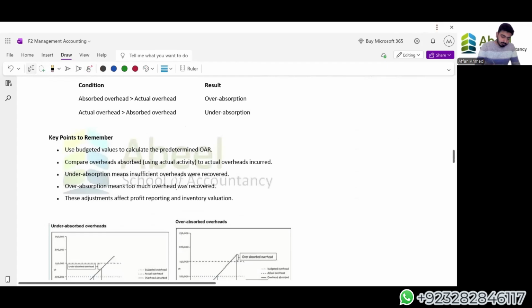Now key things to remember: use budgeted values to calculate the predetermined rate, and compare overheads absorbed to actual overheads incurred. Under absorption means insufficient overheads were recovered. Over absorption means too much overheads were recovered. If you have an under absorption, that means we add expenses.